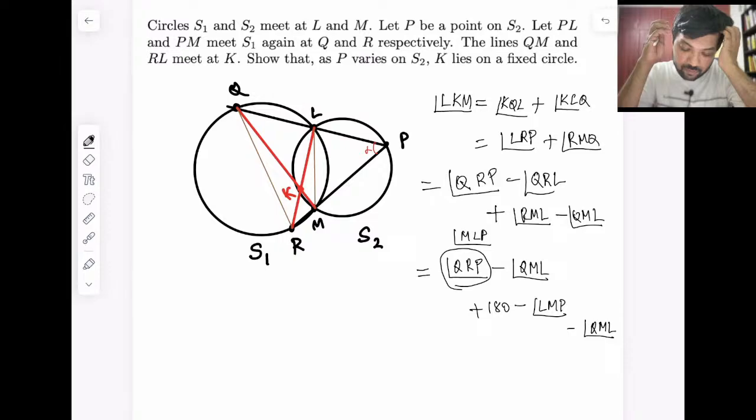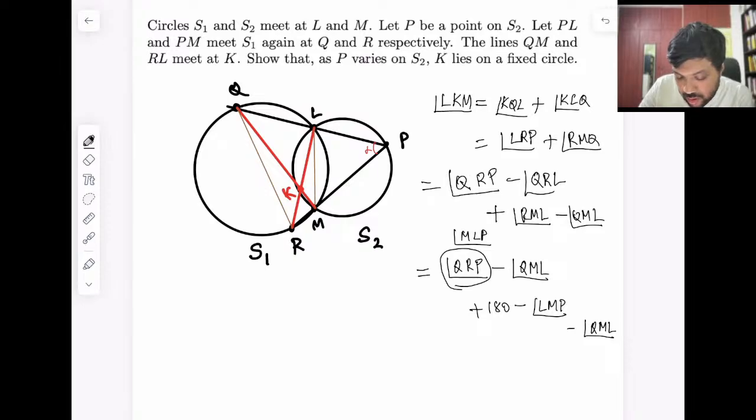Okay, but I want to do that trigonometry. I think there's some bit of angle chasing, bit of trigonometry kind of proof. If you could get, what is that angle? LM by sine alpha is the radius of the second circle. LM is 2r sine alpha, where r is the radius of the second circle.